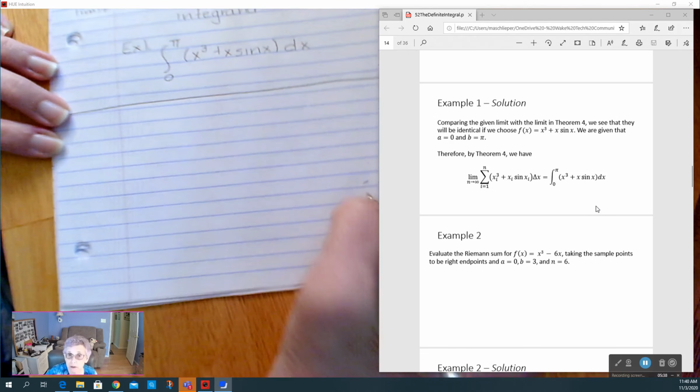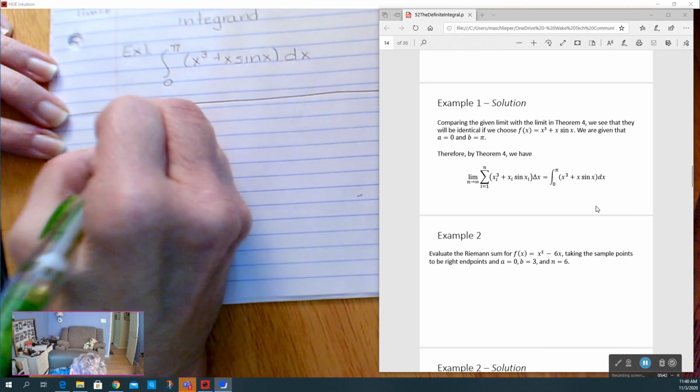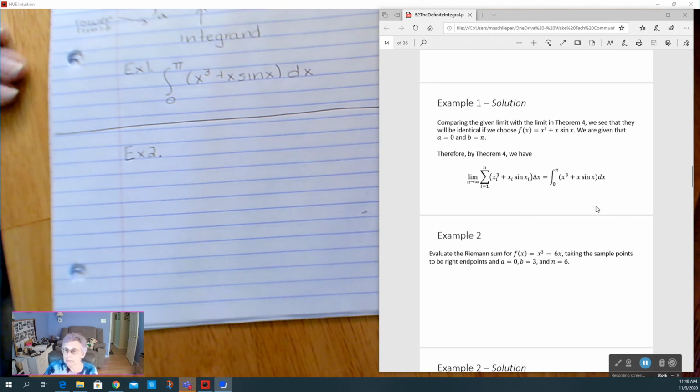Well, we'll use the calculator to estimate integrals. So first thing I'm going to do is write down the integral that I'm estimating. It says to evaluate the Riemann sum for f of x equals x cubed minus 6x, taking the sample points to be right endpoints.